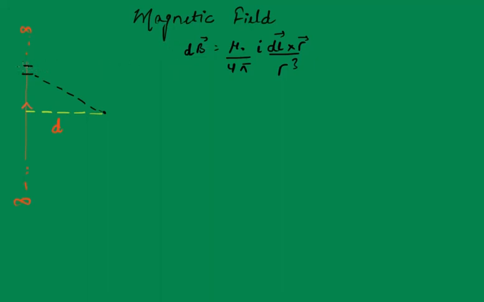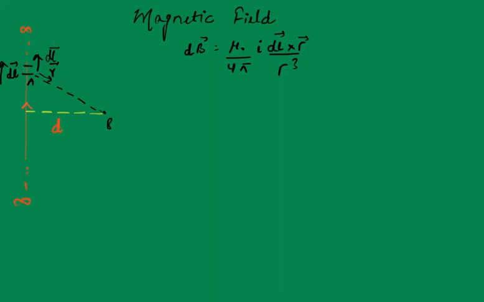Let's take a current element dl, such that dl vector is this vector. What is the r vector for this dl vector? Let me call this point A and this point B. So this AB vector will be the r vector. This is the r vector and this is the dl vector, right?